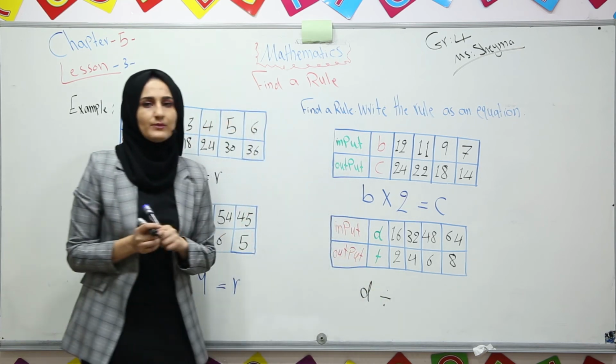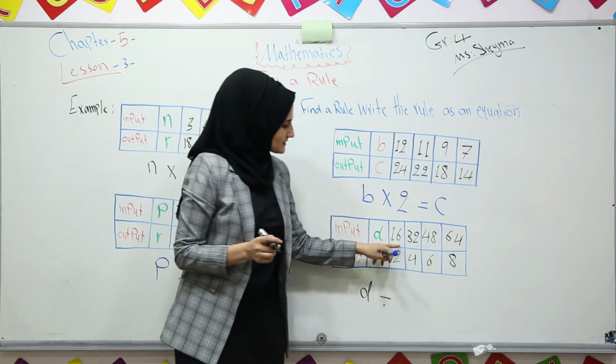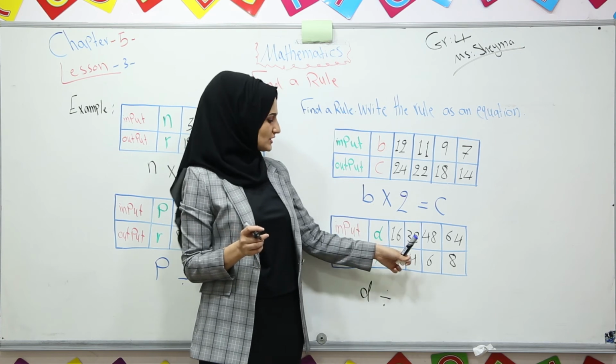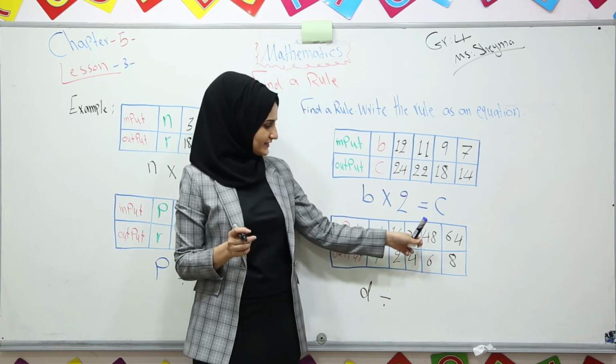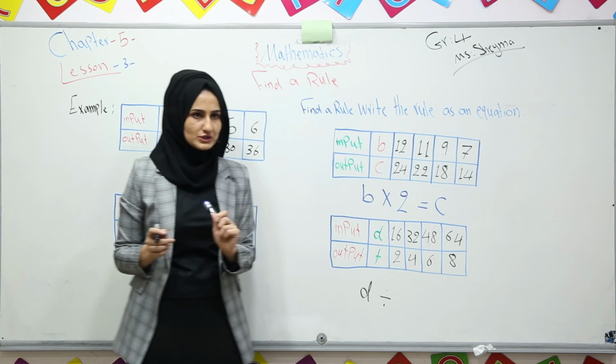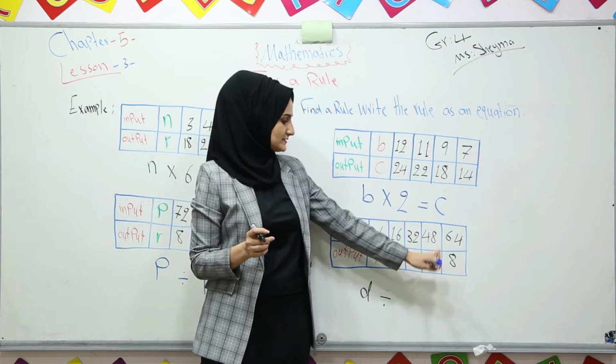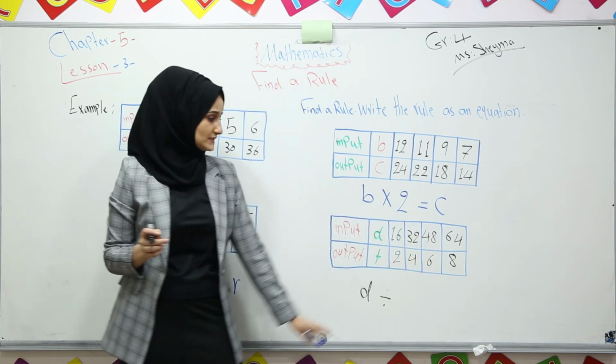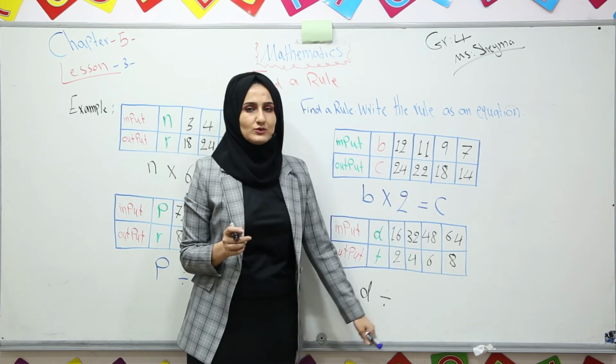So D divided by what? 60 divided by which number is equal to 15? 32 divided by which number is 4? 48 divided by which number is 6? 64 divided by which number is 8?